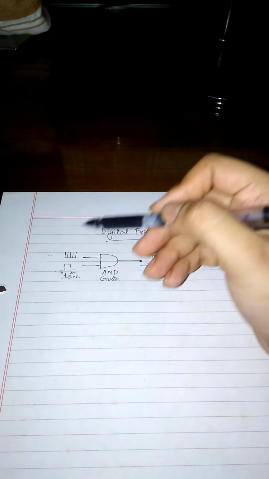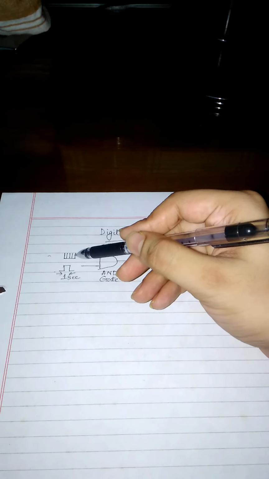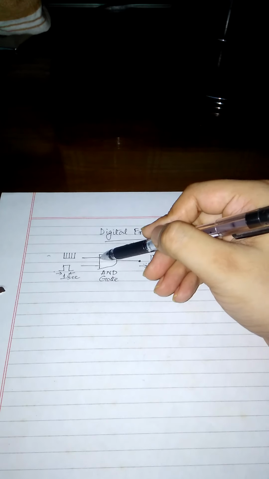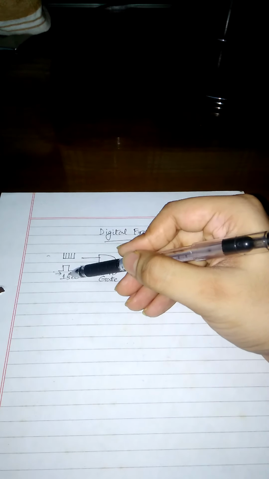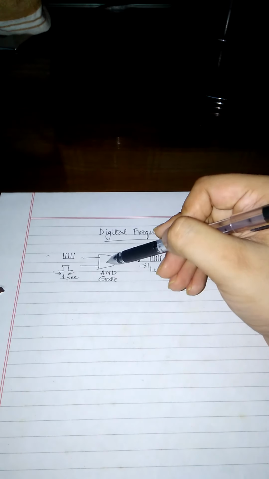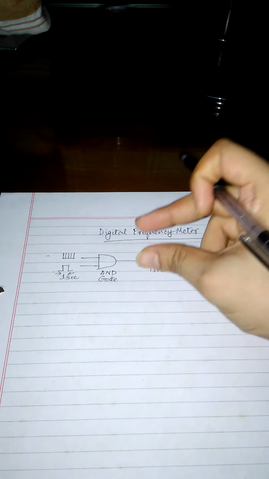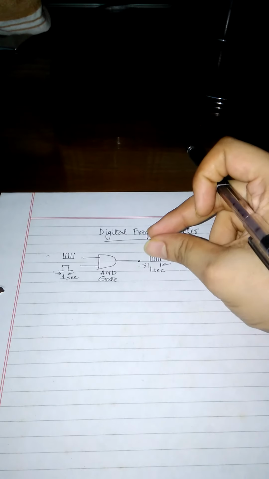This pulse is applied here. This is an AND gate, and here a 1 second clock pulse is also applied to enable the gate for a set predetermined time.